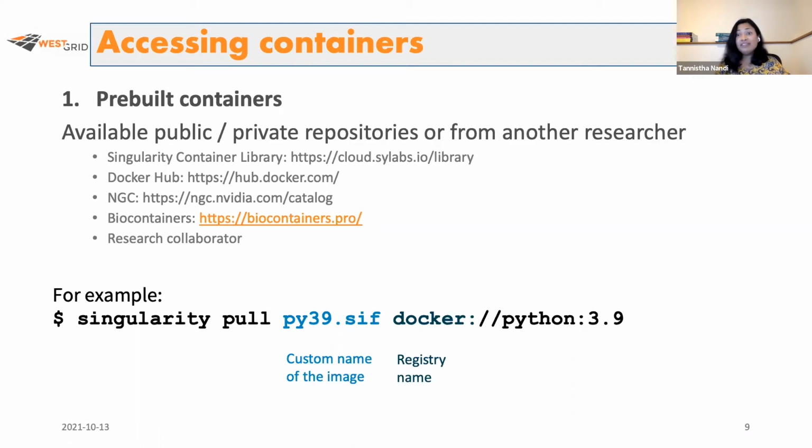The good thing is most Docker container images will convert into the Singularity image format, .sif. That's what I mean, okay? So now, once you do this, you have a copy of the pre-built container image and it's ready to use.